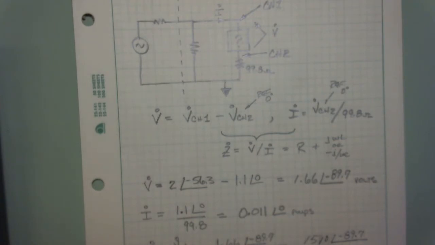Let me get that. So, I think my numbers are way too big here. Let me run through these again. So we've got 2 at an angle of 56.3.